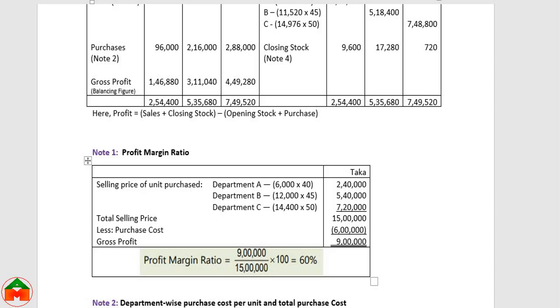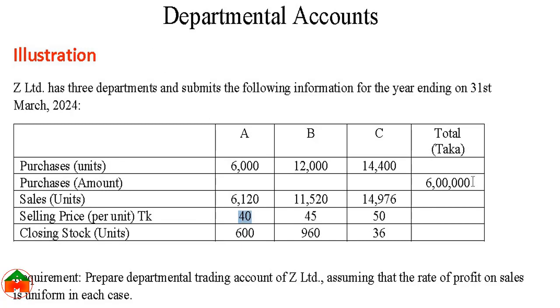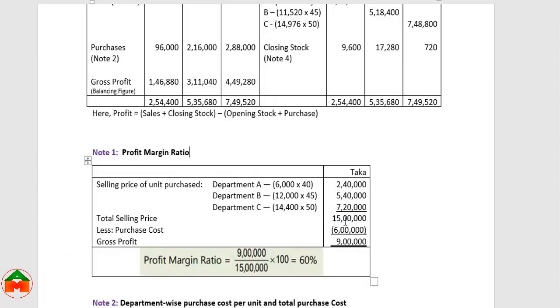From the question you can see this is the purchase cost, and here 15 lakh is the selling price of purchased units. So if you deduct the cost price, which is 6 lakh, from the selling price 15 lakh, you get the gross profit, which is 9 lakh.